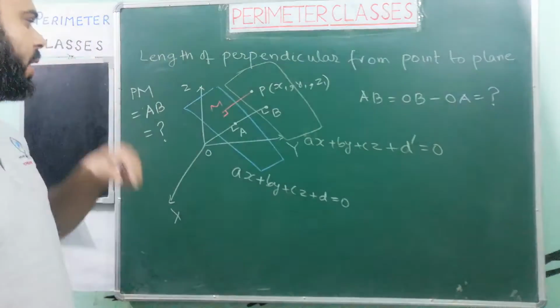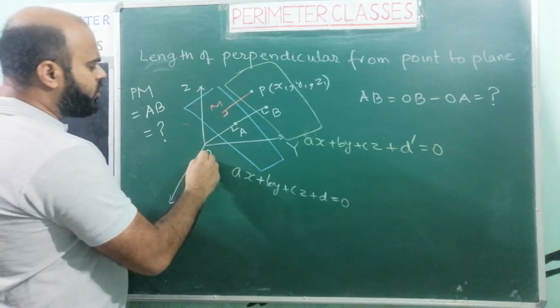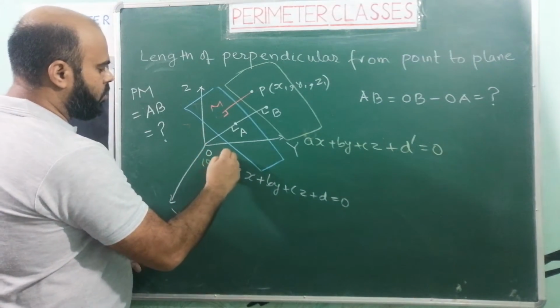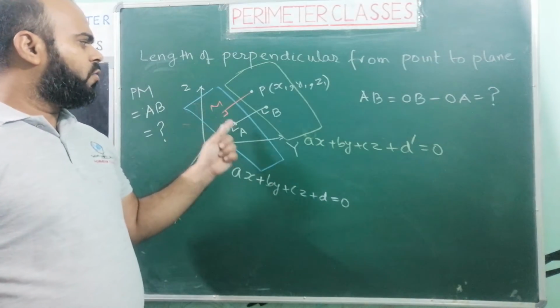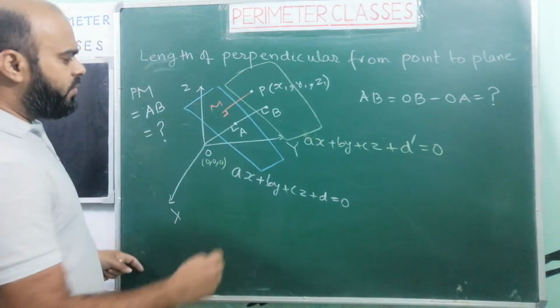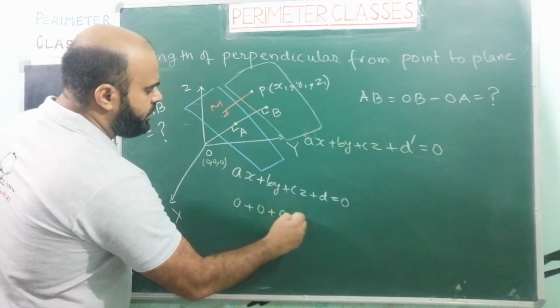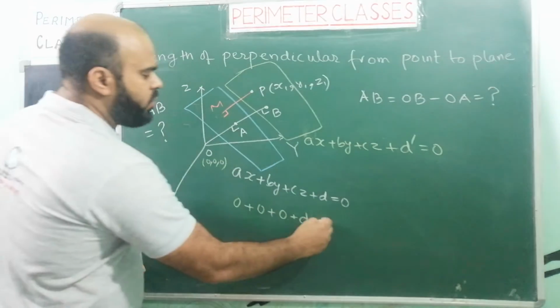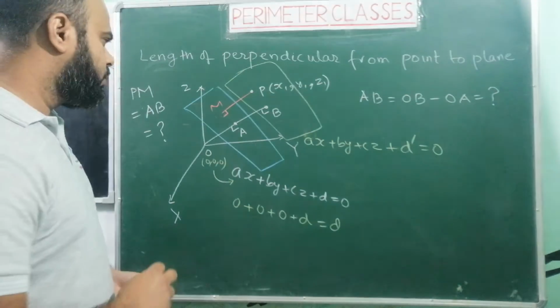So what we will do here is, if we put the origin in the equation of this blue plane, then it will give 0 plus 0 plus 0 plus D. This value will be equal to D if I put the origin over here.